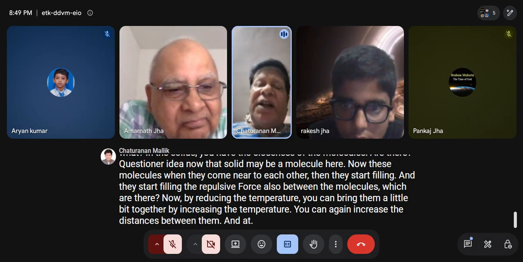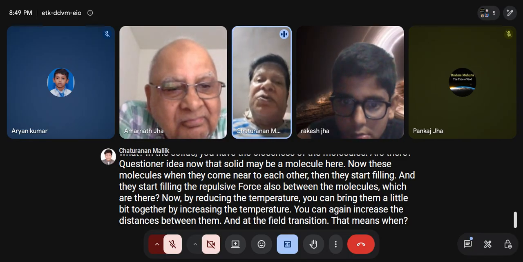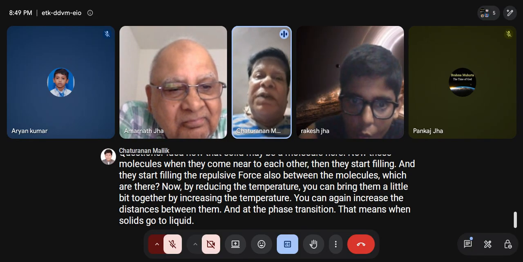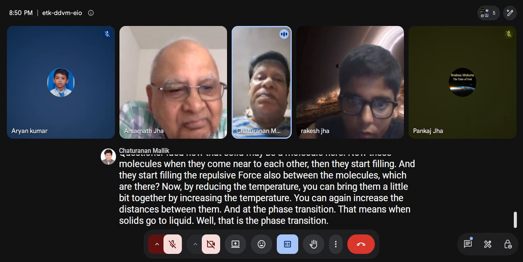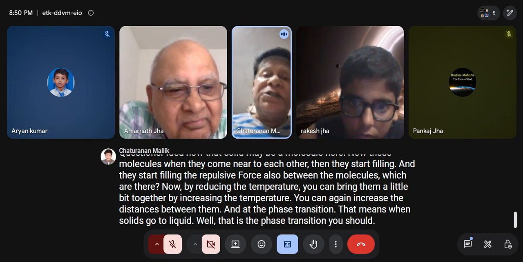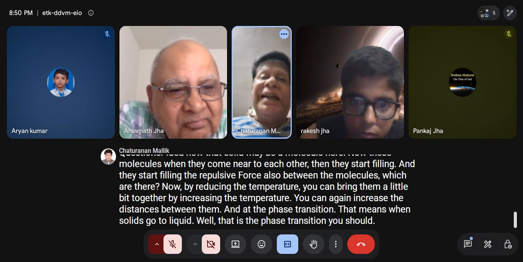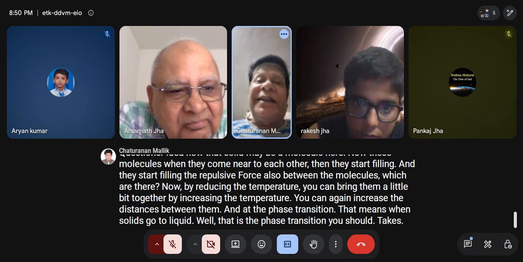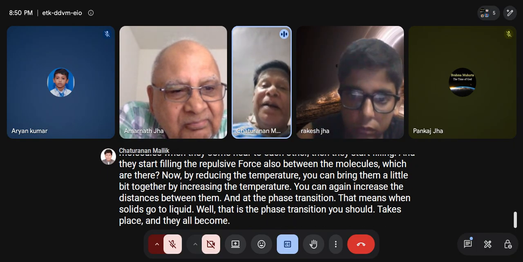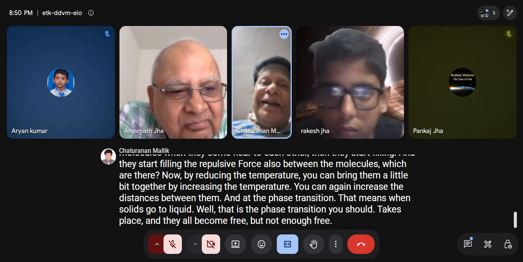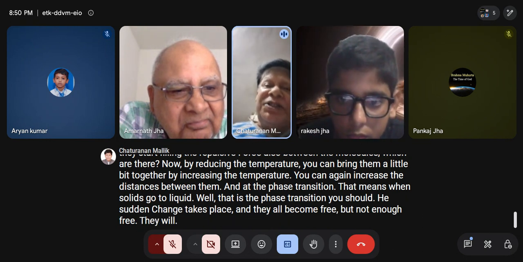And at the phase transition, that means when solids go to liquid, in Physics we call this a phase transition. A sudden change takes place, and they all become free, but not free enough to escape. They will stay in the liquid stage.